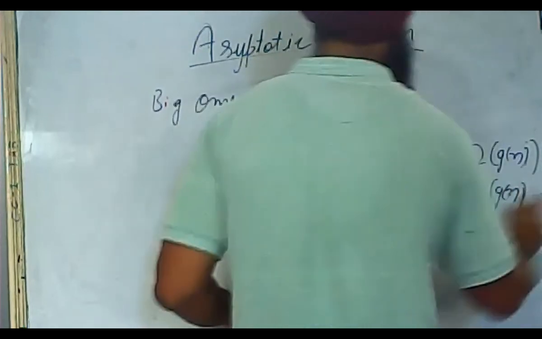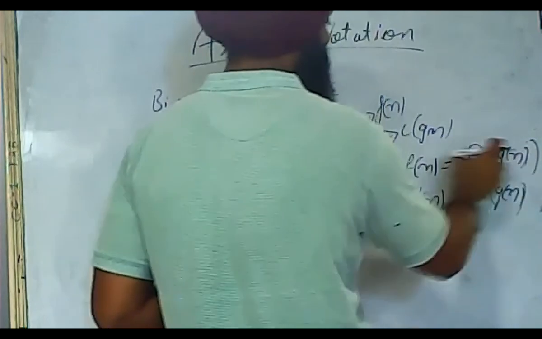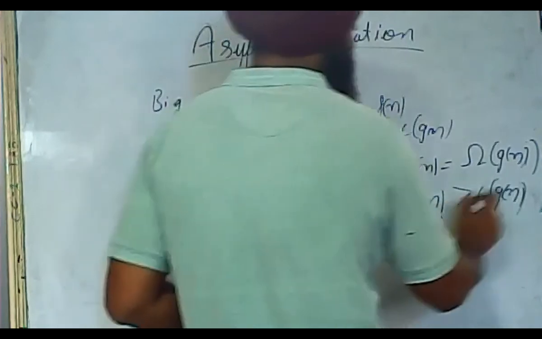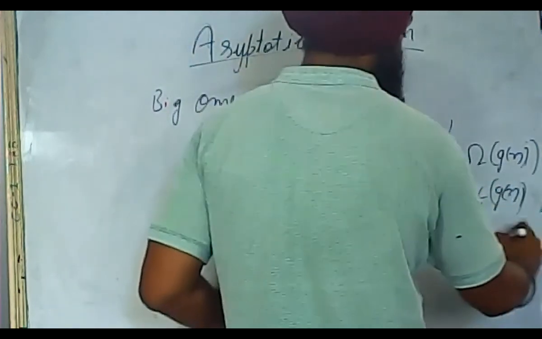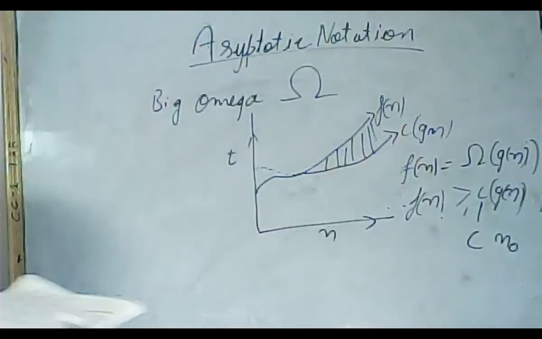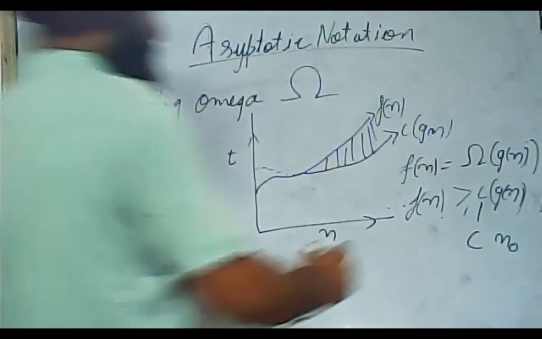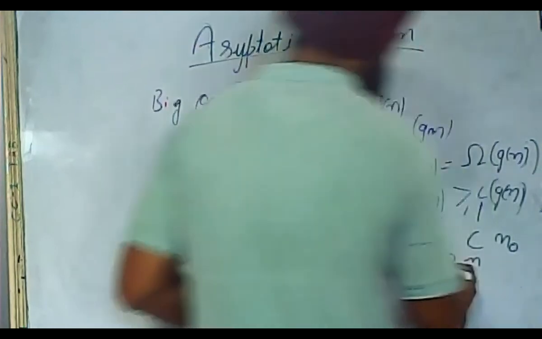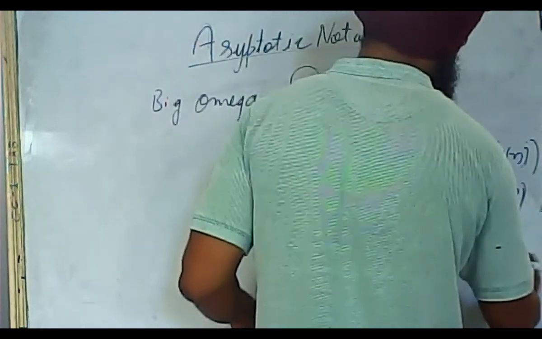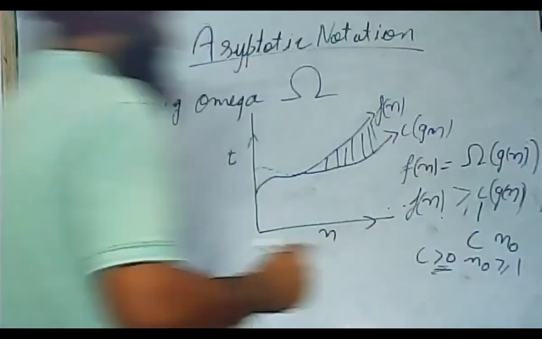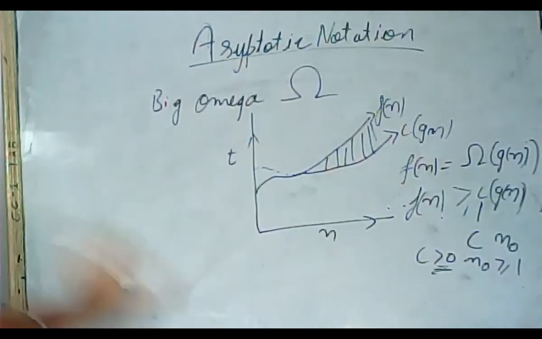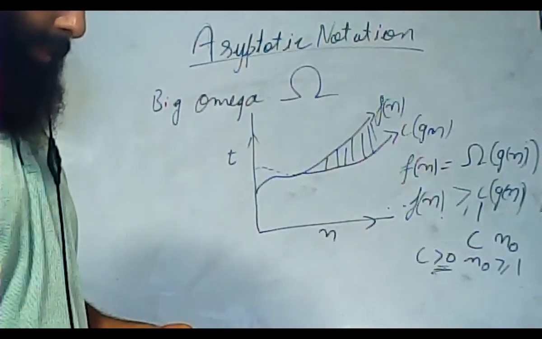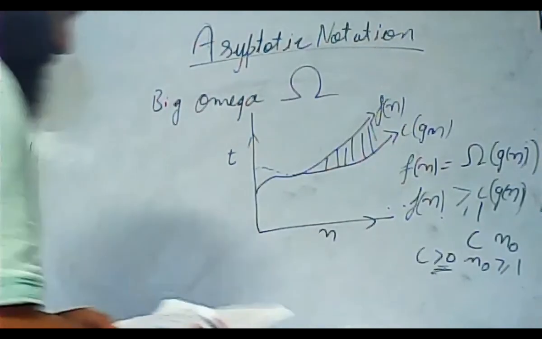So we can only say that this function is the best case, or omega of this function, if we can prove this. How can we prove this? We need to find such a c and such an n naught. And we already know that c is always greater than 0, it cannot be equal to 0, and n naught is also greater than or equal to 1. It could be equal to 1 or greater than 1. Both are greater than 0. Okay. So this is the case. We'll see one example of this also.